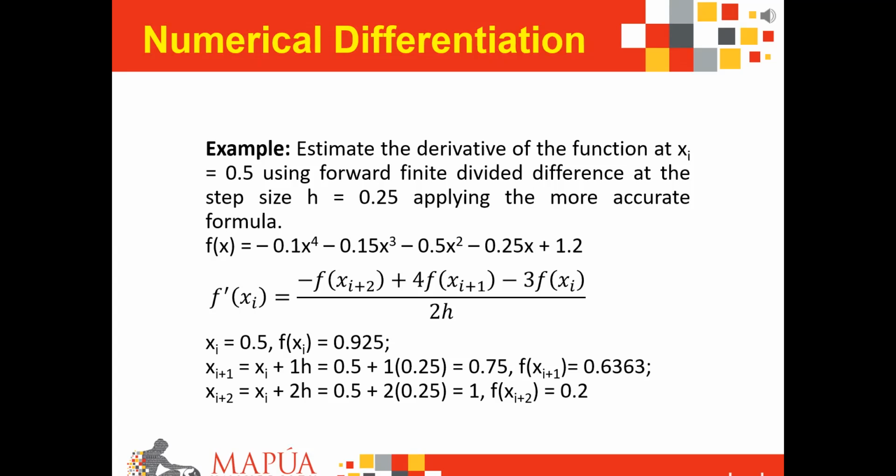Your xi plus 1 would mean xi plus 1 step size, giving us a value of 0.75, which we have also previously computed to be, when substituted to our function, as 0.6363. And f(xi plus 2), which means xi plus 2 step sizes with a value of 1 now, when substituted to our function as we have previously solved, would simply be equivalent to 0.2.